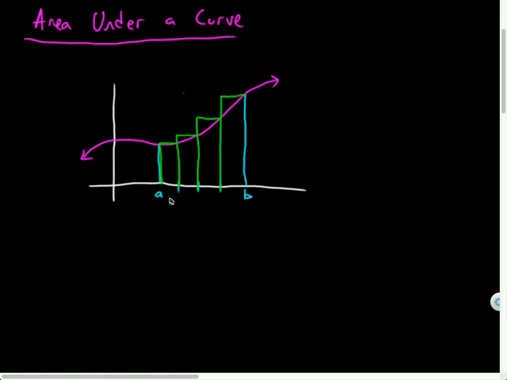So here's A, here's B. I think we end up calling this point x sub 1, x sub 2, x sub 3, and B can also be referred to as x sub n, lowercase n, I suppose. All right? And what would these heights be evaluated at if this function is f of x?